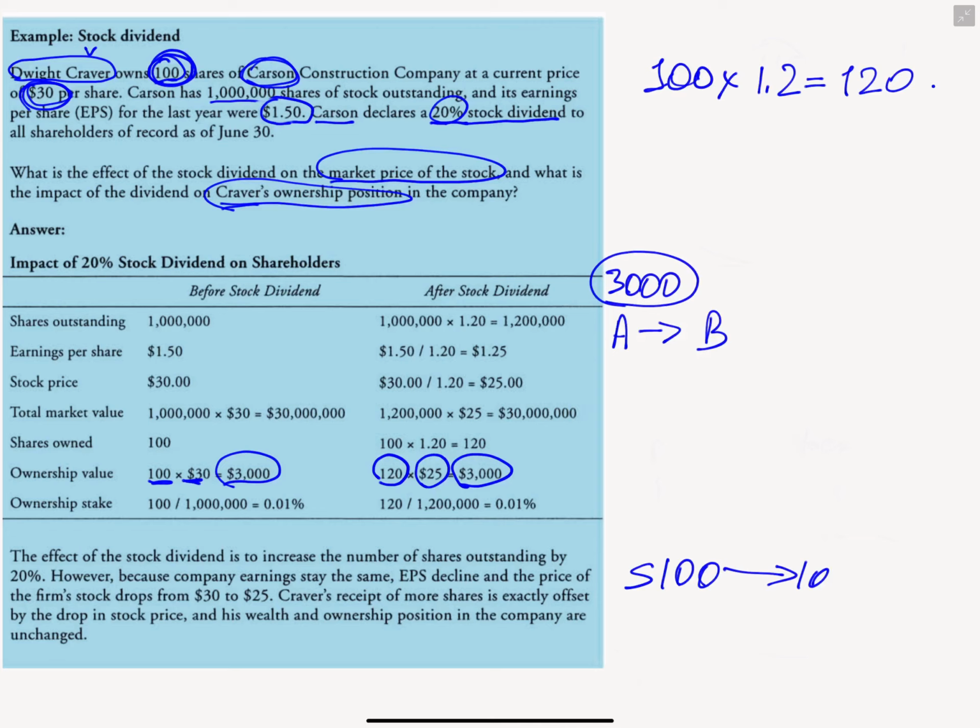After the stock dividend it also remains $3,000, because there were 100 units of stock before and after it becomes 120 units of stock.